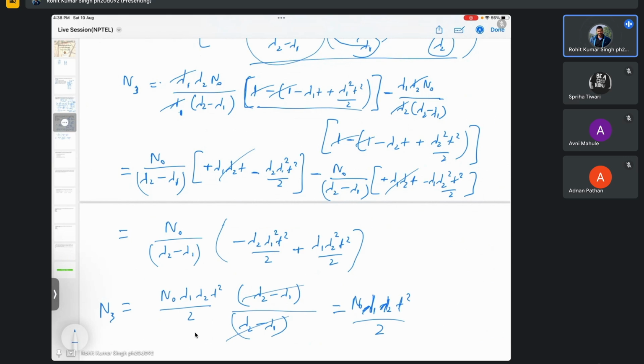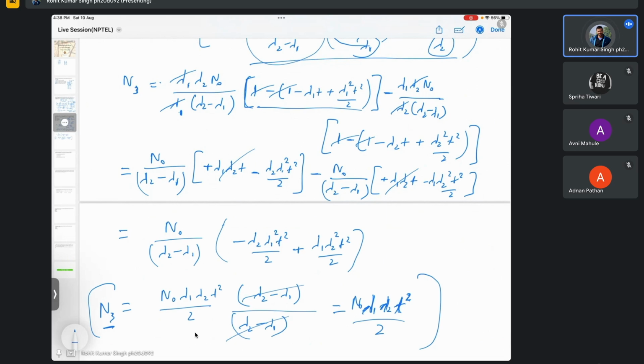Here you see that the number of jets which is getting produced as a function of time depends on t square. I mean, it depends on second order in time. And for a very short time, this value will be very low, and it will increase.